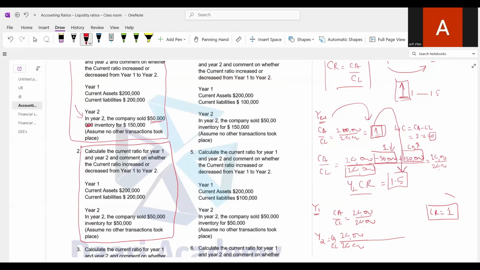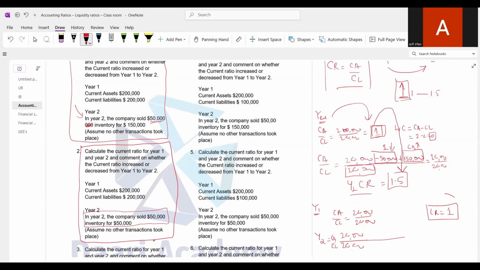The company sold 50,000 inventory for 50,000. ये बहुत important है. How is it hitting the balance sheet? Now tell me, 50,000 inventory sold for 50,000, where does it hit the balance sheet? और कहाँ hit करेगा?